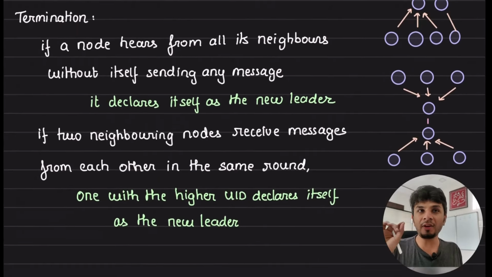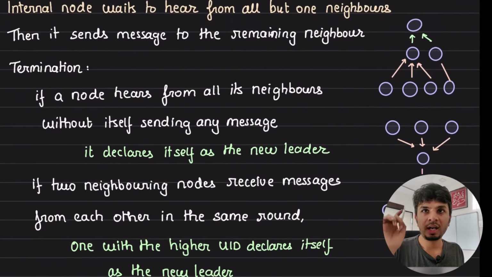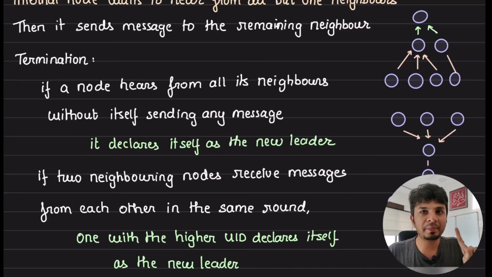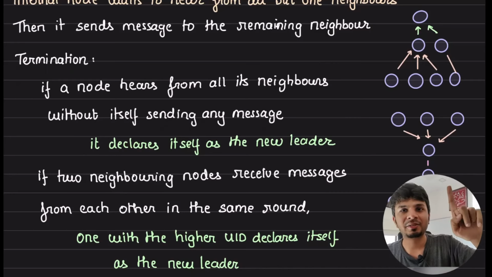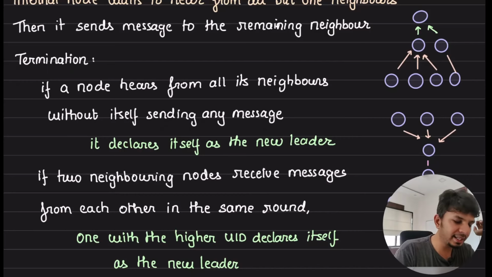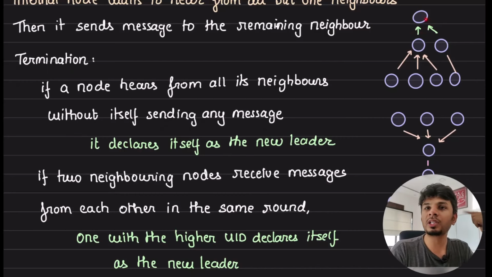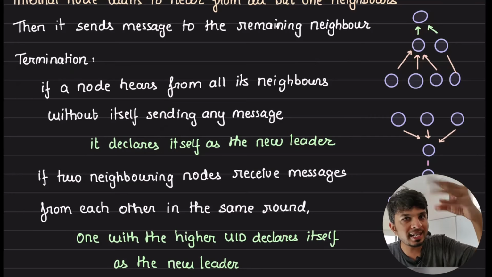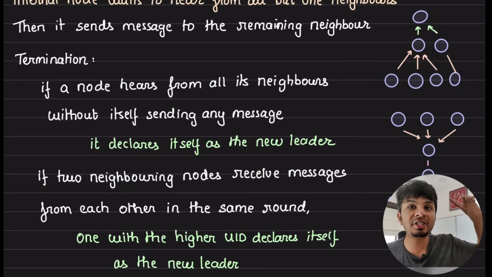So if a node hears from all of its neighbors without itself sending any message, right? Because that is the case where the root of the spanning tree received the message. So what would happen is if a node received all the messages from all of its children without it even having to send a message, because convergecast is initiated by whom?